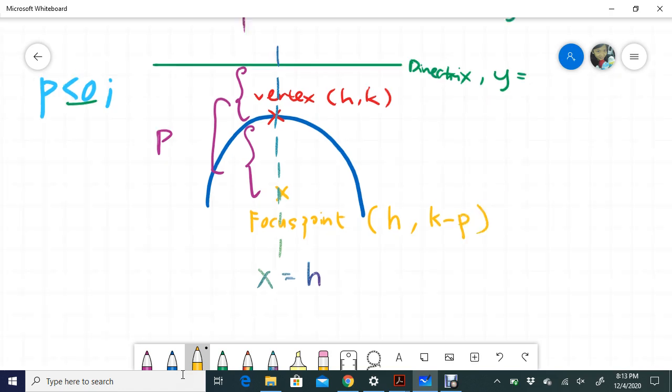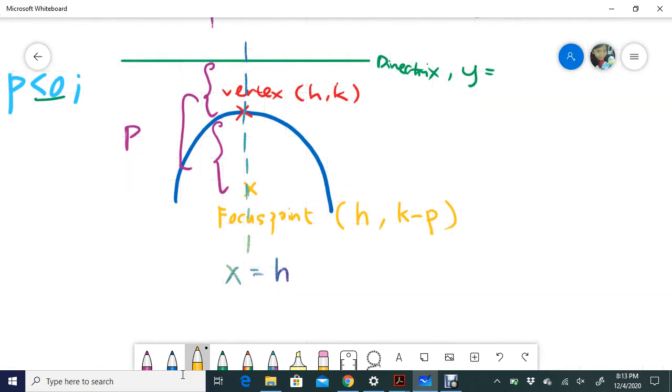How about your directrix line? Your directrix line is above your vertex. Can you see it is above your vertex? So you will have k plus p. I think that should be okay, right? So this is the general information for x squared.